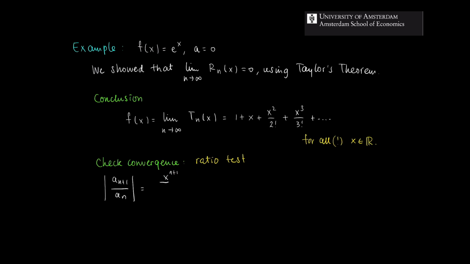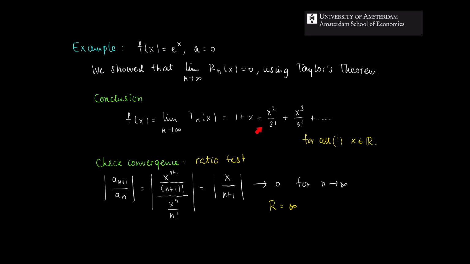Then we get x to the n plus 1 divided by (n plus 1) factorial, divided by x to the power n divided by n factorial, which equals x divided by n plus 1, and this goes to 0 for n going to infinity. So we see that the radius of convergence for this power series is infinite, and f(x) is always equal to its Taylor series.